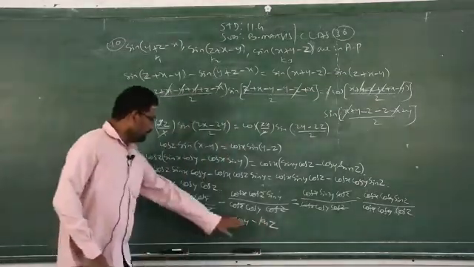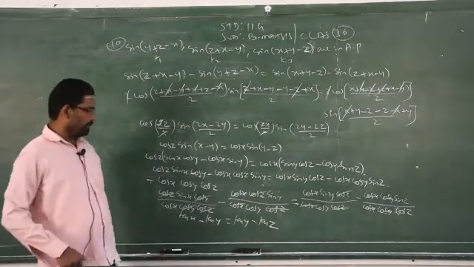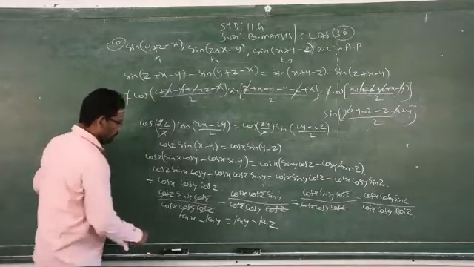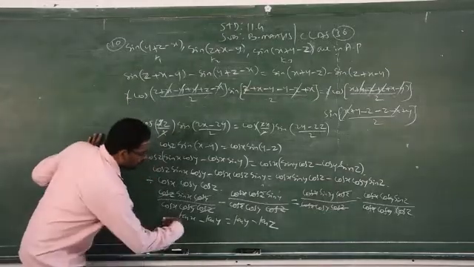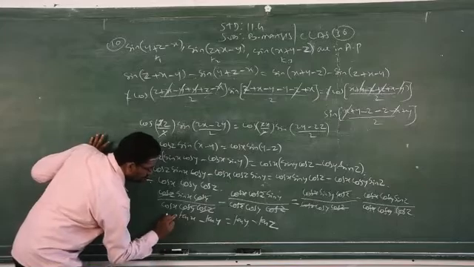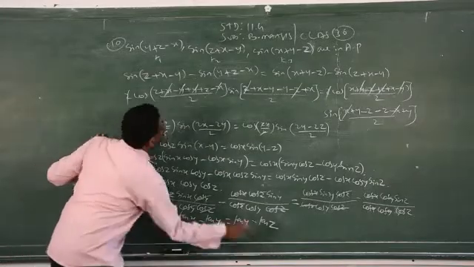So just take one minus sign outside on both sides. You interchange, take one minus outside on both sides, or you can multiply everything by minus sign. You will get minus into plus, minus, minus into minus.